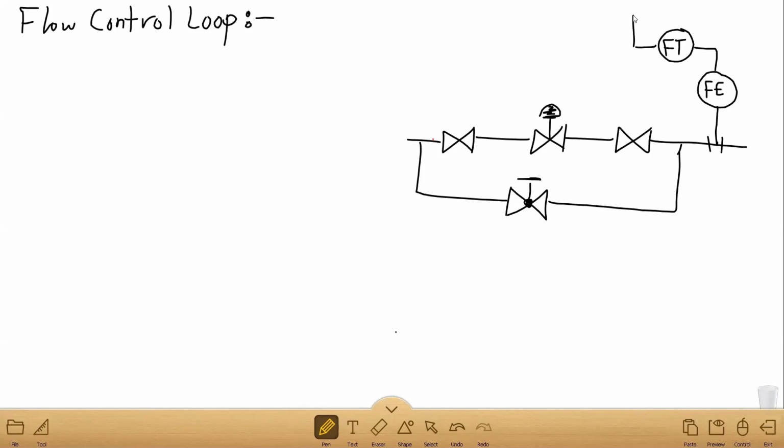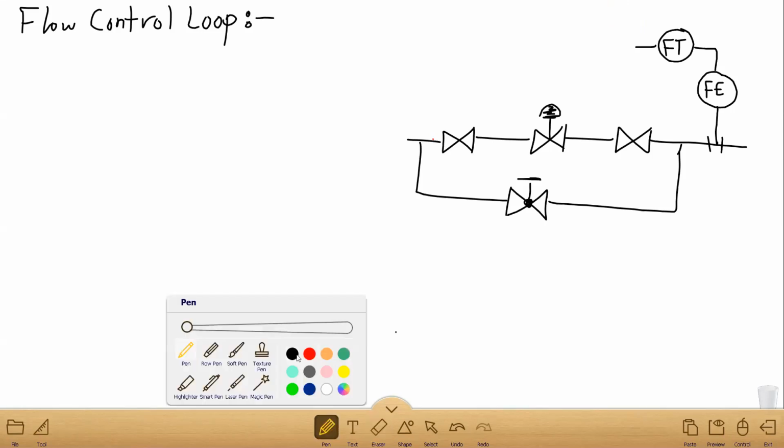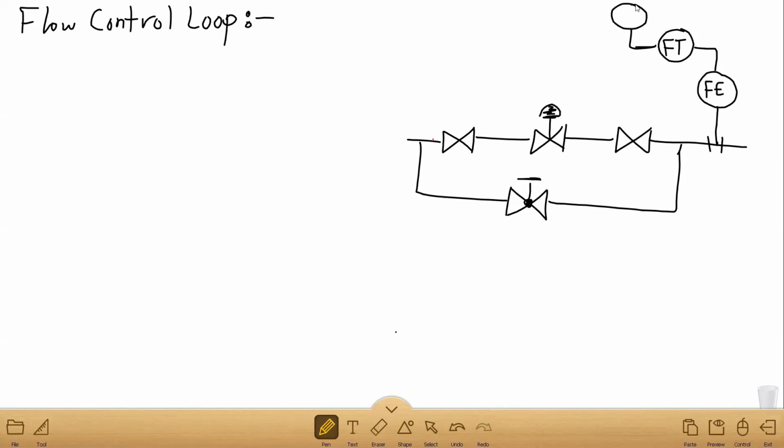From the transmitter, control goes to the flow relay with a negative signal.